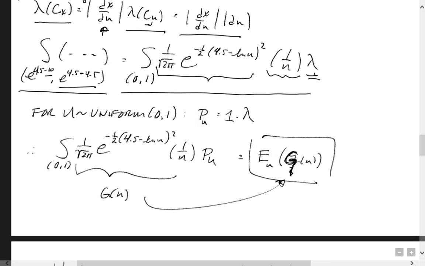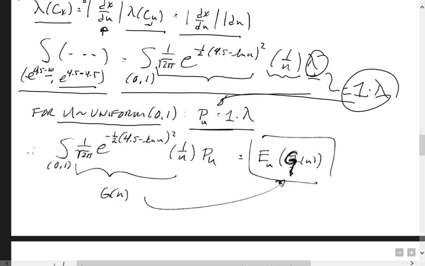Now notice that for u having a uniform distribution, as if it were a random variable, the probability is simply 1 times lambda. In other words, the density for a uniform distribution is 1, the constant 1. Which also means that I can take this lambda, which is the same thing as 1 times lambda, right? That's just a simple representation, which is the same thing as p sub u.